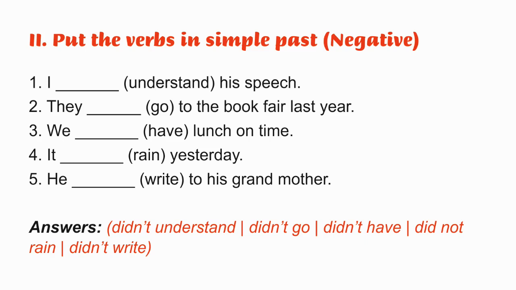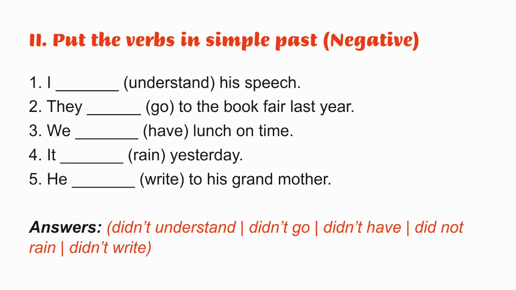Number 4. It blank rained yesterday. It didn't rain yesterday. He blank to his grandmother. Right? He didn't write or he did not write to his grandmother.